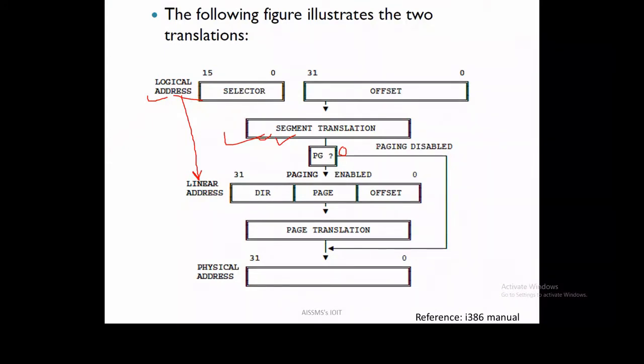If the PG bit is 1, paging is enabled, and this linear address, which has some fields that we will see later, is converted into the physical address, which is in your physical memory where the data is stored. The second step is page translation. This is how the logical address is converted into the physical address: first segment translation, then page translation.